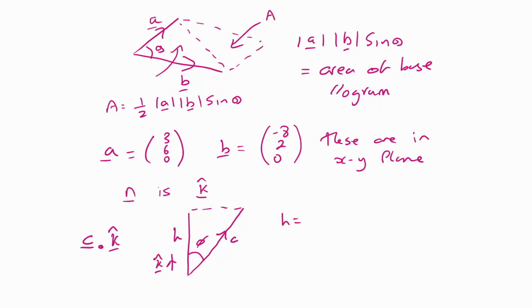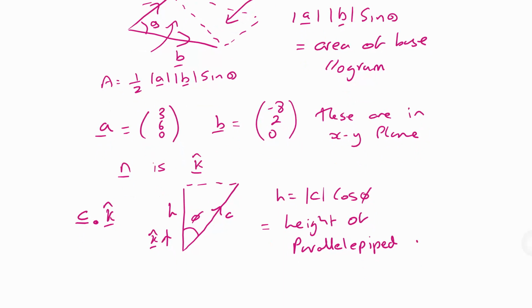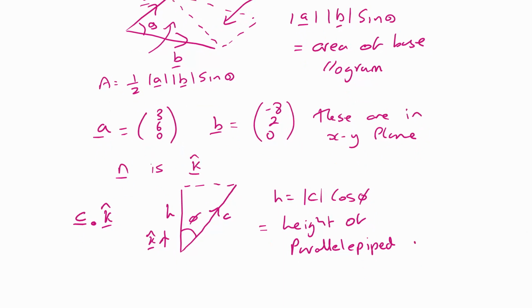H is equal to mod c cos phi, and that's equal to the height of the parallelepiped. And that's why. So we have the area of the base from the A cross B, and then we're multiplying it by the height.